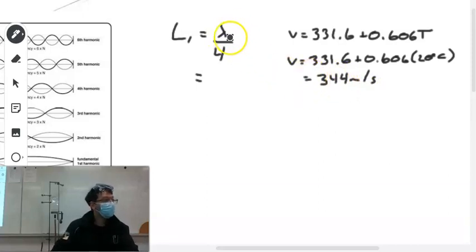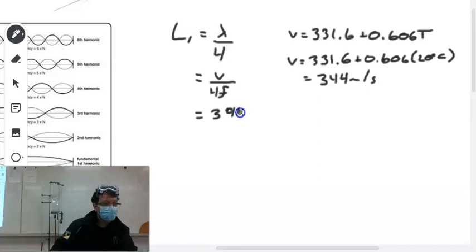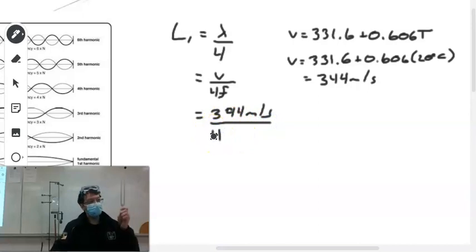Okay, now we know lambda is speed over frequency. So I'm just going to write that as v over frequency, and I still have that 4 there. Our first resonant length will occur at 344 meters per second divided by 4 times the frequency of this tuning fork, which is 128 hertz.